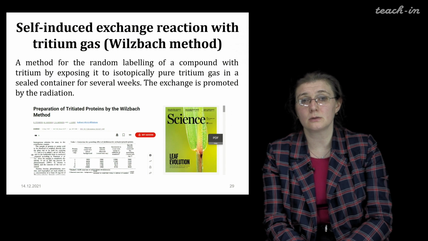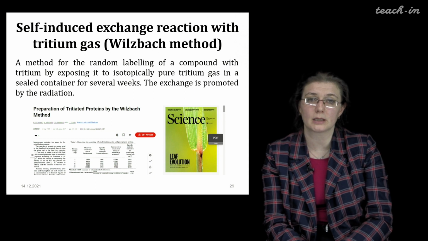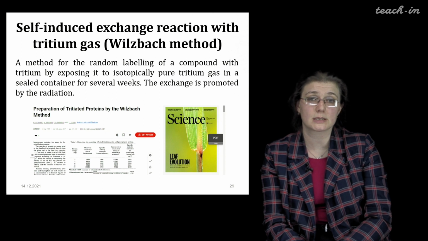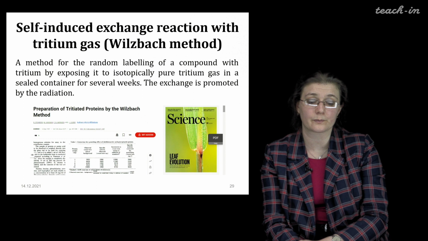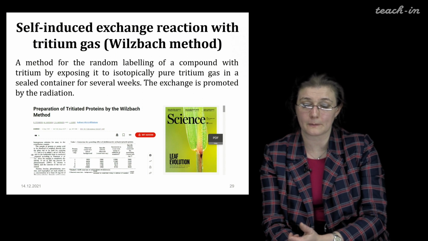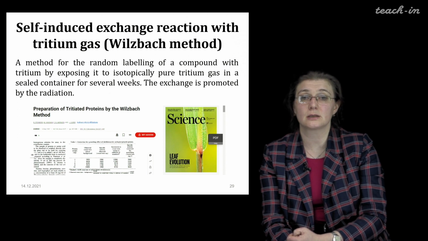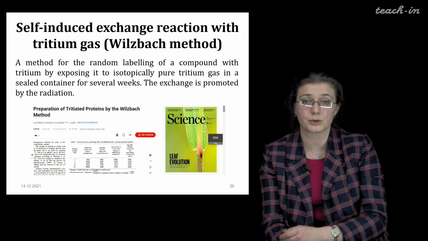Such a molecule that has helium in place of tritium is not stable. So helium leaves the molecule with an electron, and so we obtain a very reactive species, tritium in cation form.